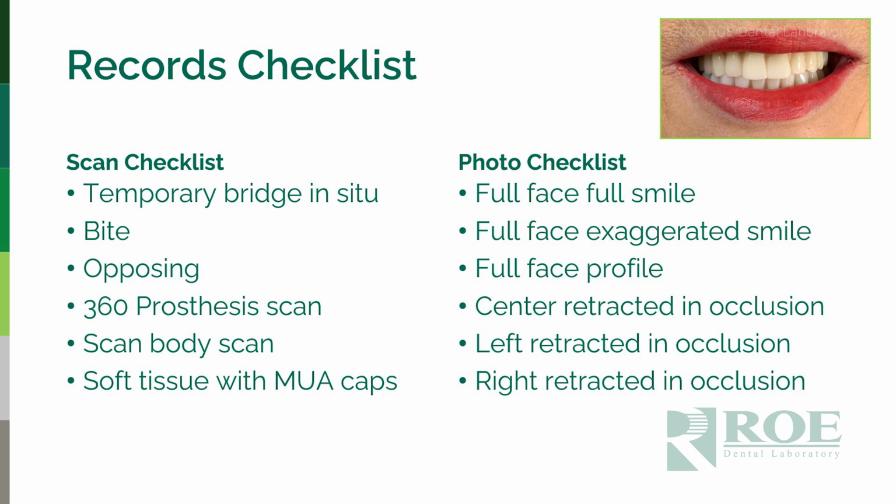And your last scan is the soft tissue with the MUA caps in place. It's very important that we receive all of these scans, because if you think back to what I've said, that allows us to accurately stitch each of these data sets within the software. Missing scans will have an effect on what we can do in the laboratory.